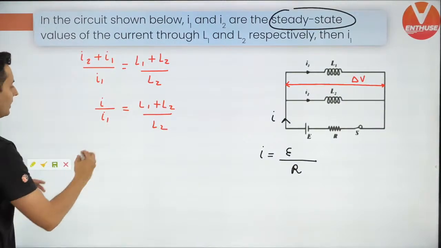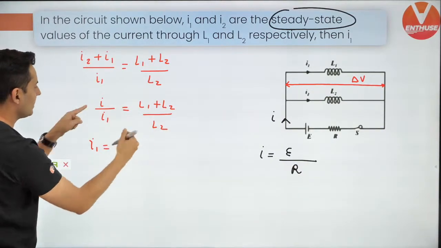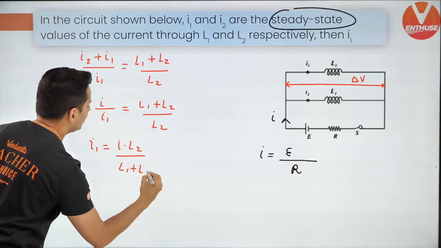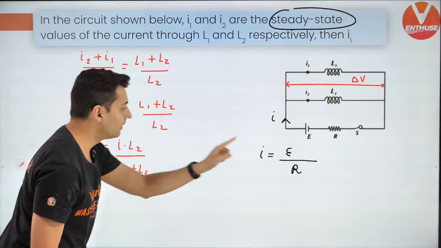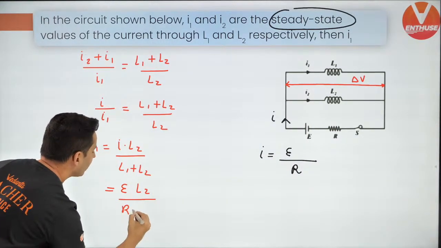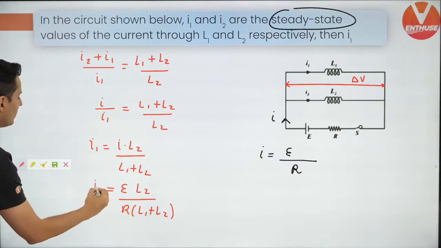Remove this, I don't need it. So therefore I1, cross multiply, guys, will be I into L2 divided by L1 plus L2. What is the value of I? From here it will be E by R. So E L2 divided by R into L1 plus L2. That's the final answer. That's the value of I1.